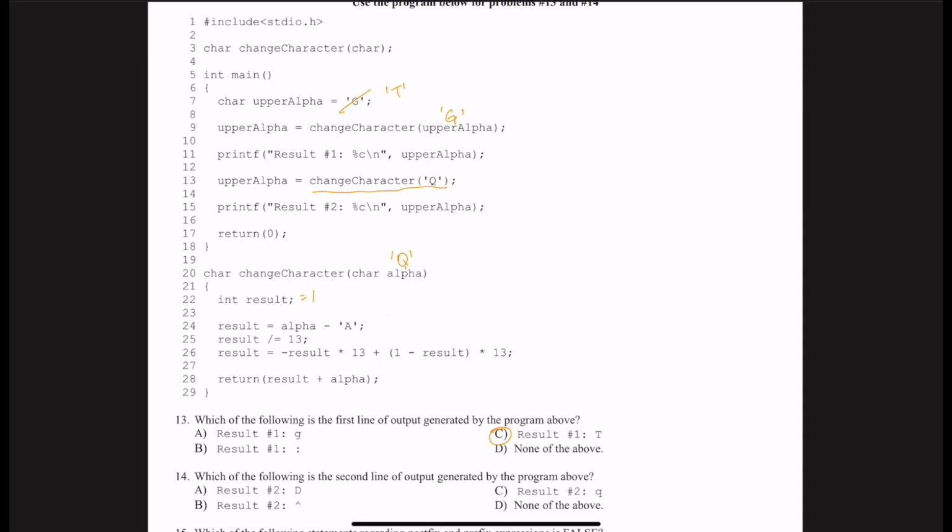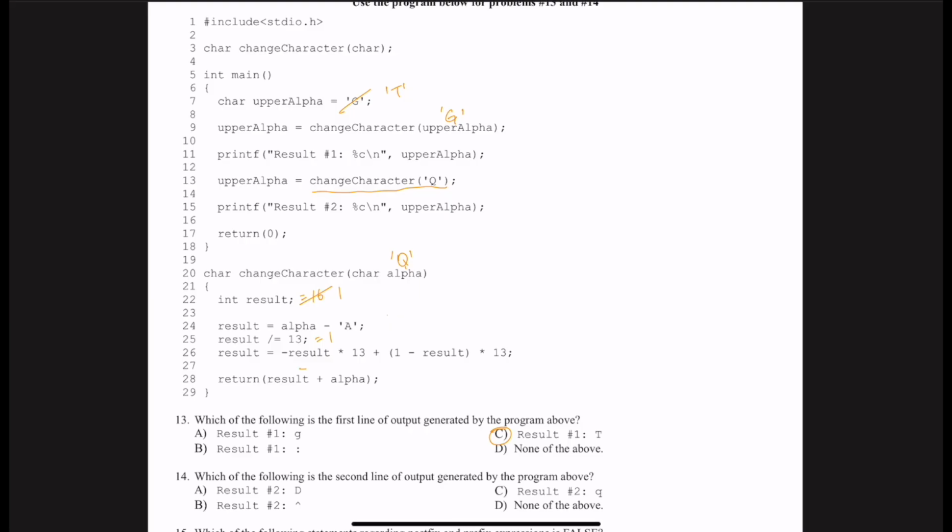So result equals 16. Remember that the ASCII values of q and a are not 17 and 1, but they're spread out by the same interval. So I don't need to reference the ASCII table, but if I wanted to, I certainly could. 16 divided by 13 is 1. Again, we don't care about the decimal or fraction because it's two ints dividing, so the result is an int.